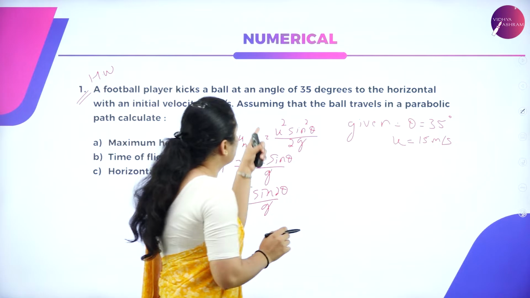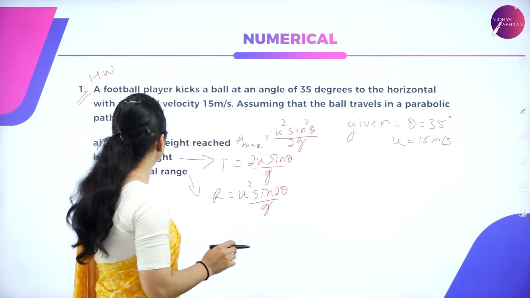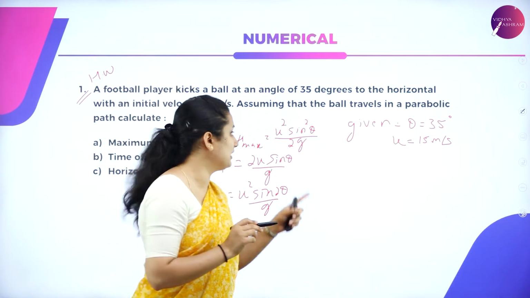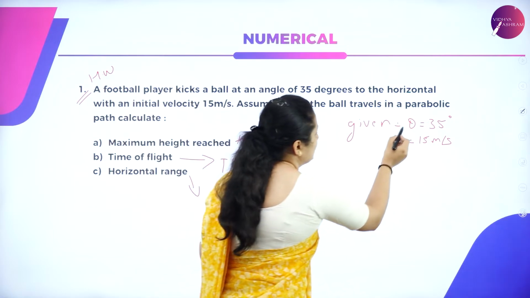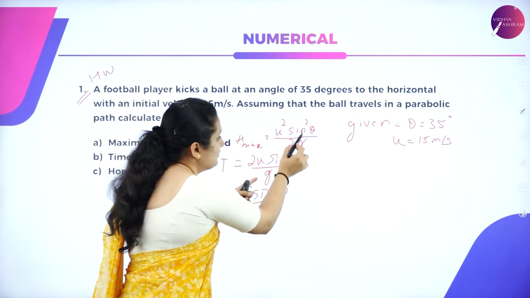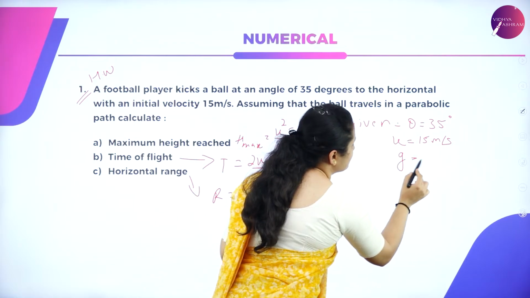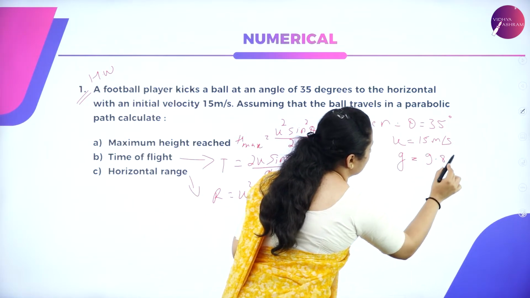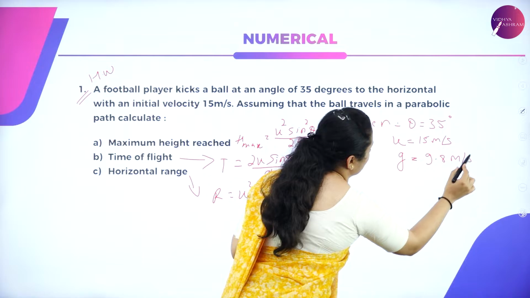So what do you have to calculate? Assume that the ball travels in a parabolic path. Your theta is given, your initial velocity is given, and we know the value of gravity, it is constant, g is equal to 9.8 meter per second square.